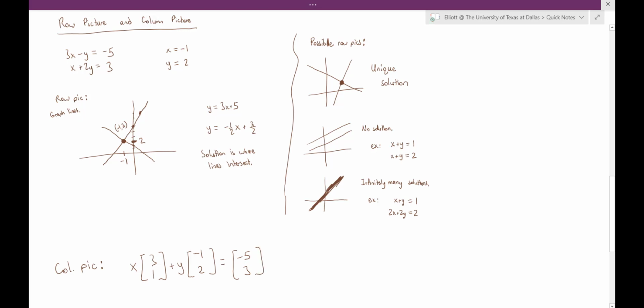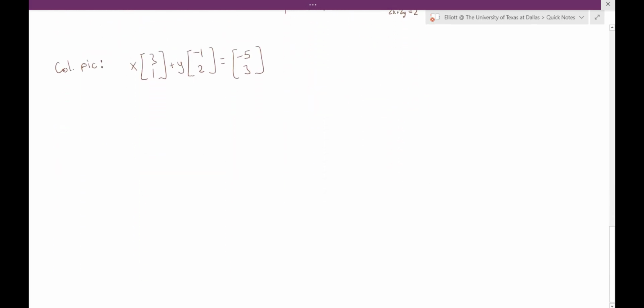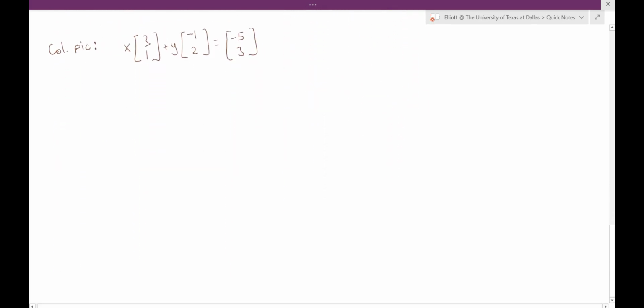So all I did was take the coefficients of x, 3, 1, and multiply by x, so I've got 3x and 1x. Likewise, I just pull the y out from its coefficients. So I've still got minus y and plus 2y. And then the right-hand side, negative 5, 3.